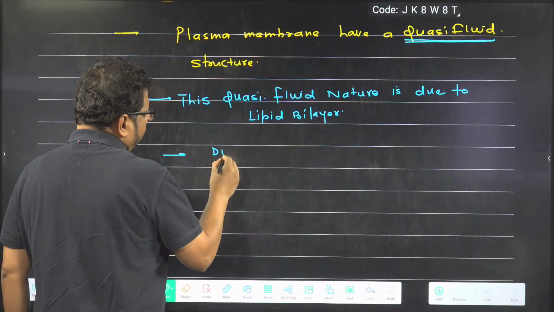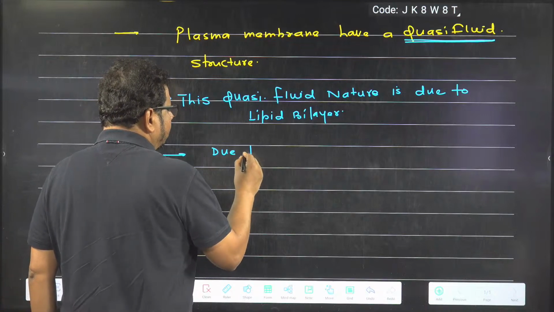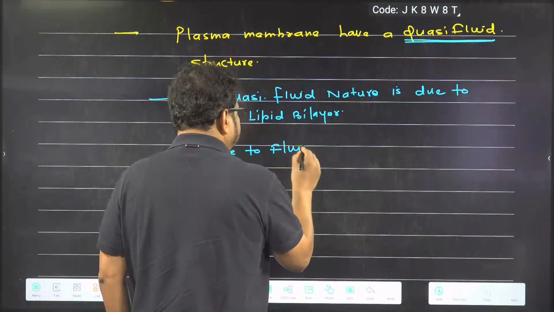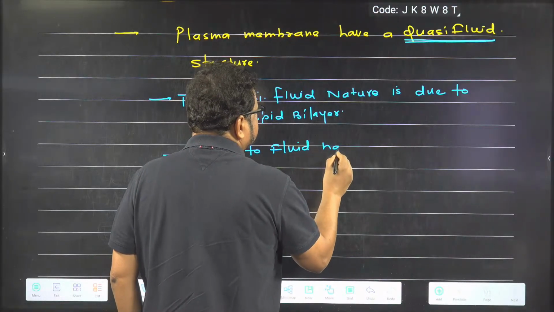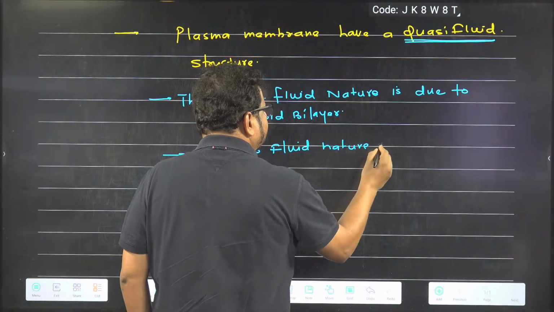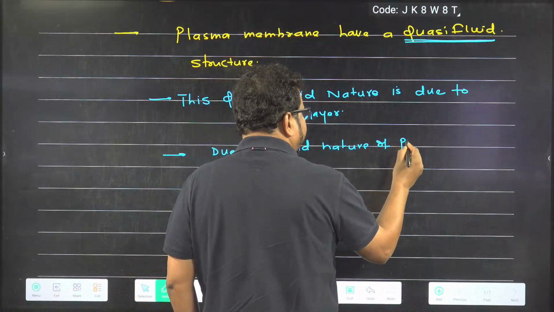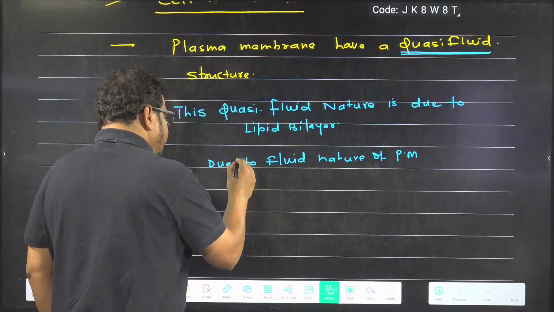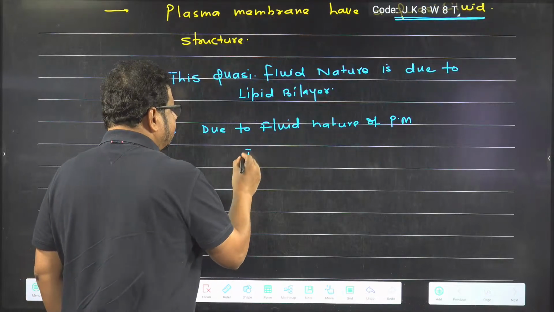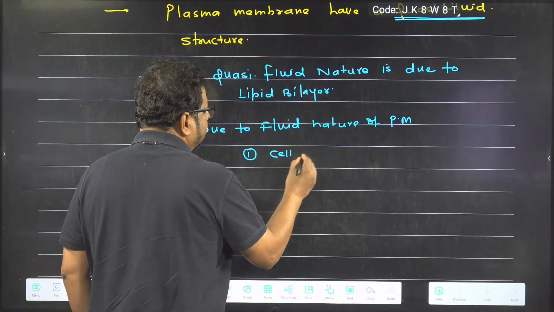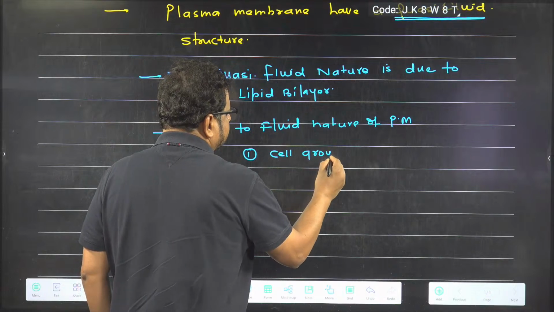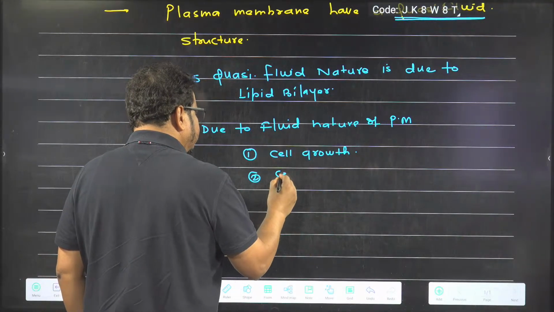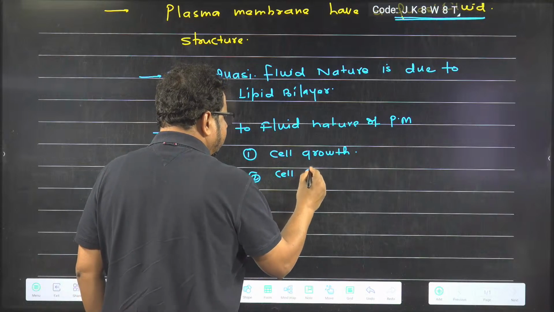Now, due to fluid nature, how many properties are possible in the plasma membrane? Due to fluid nature of the plasma membrane, in short I am writing PM, what is possible? One thing I am writing, cell growth is possible. Second, cell division is possible, here in animal cell division.